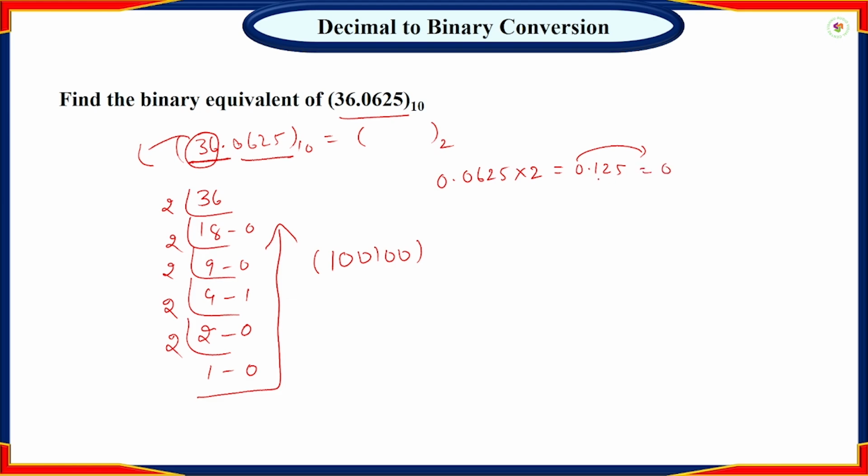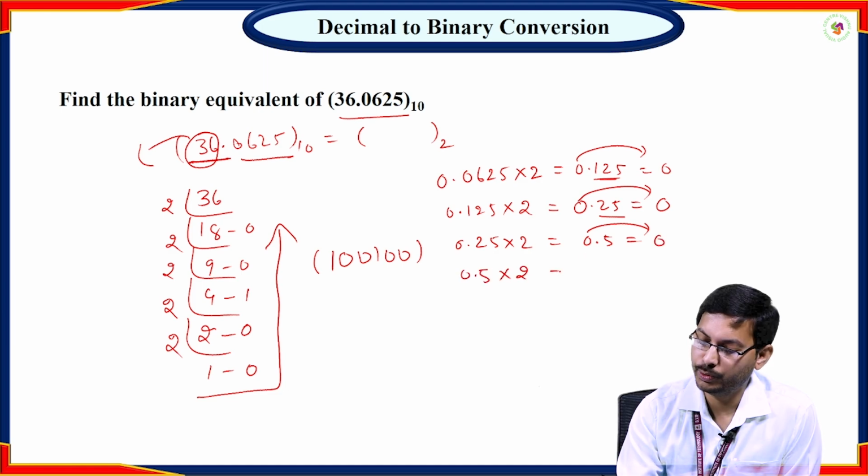Now take this 0.125 and multiply it with 2, then 0.125 into 2 is 0.25. Now simply shift this 0 here and take this 0.25, and 0.25 into 2 is equal to 0.5. Again take this 0 and take this 0.5 here. 0.5 into 2 is equal to 1.0. Now shift this 1 here.